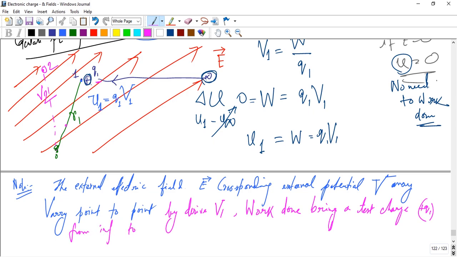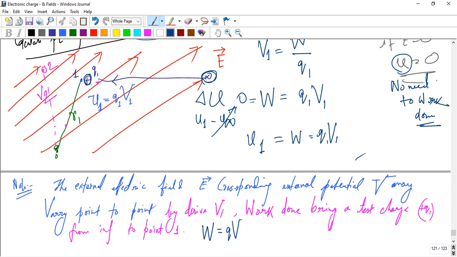So the work done by the external field, that is W, is equal to Q times the potential. Clear? That's easy.